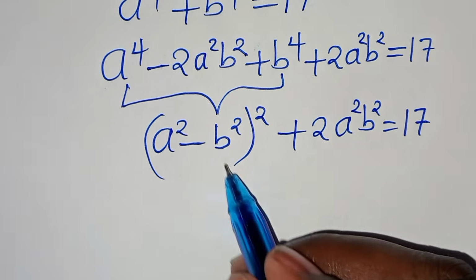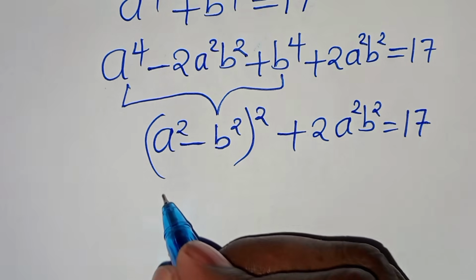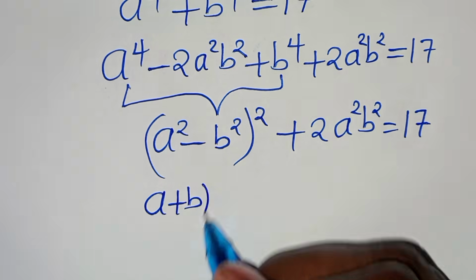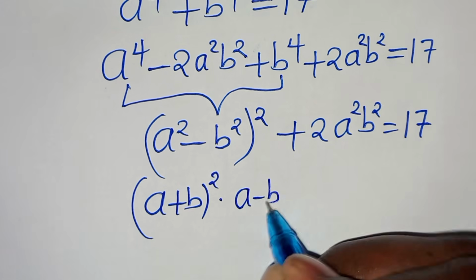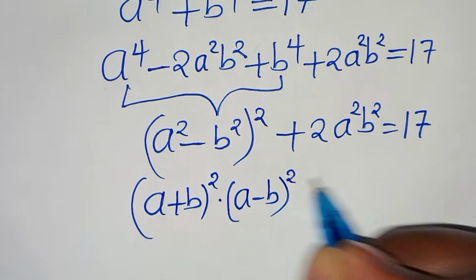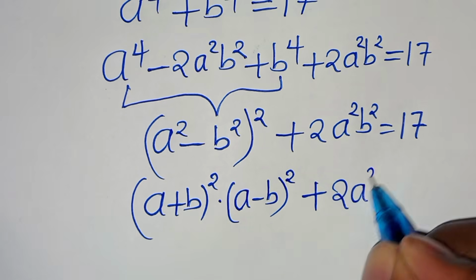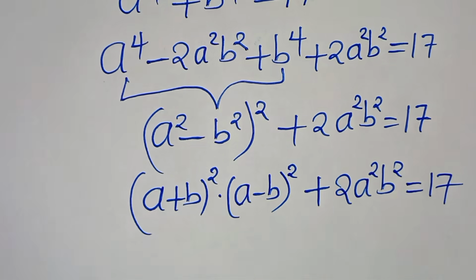Now, a squared minus b squared is the difference of two perfect squares. That can be expressed as a plus b raised to the power of 2 multiplied by a minus b raised to the power of 2, then plus 2a squared b squared equals 17.